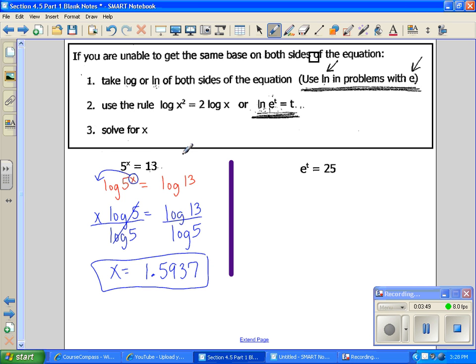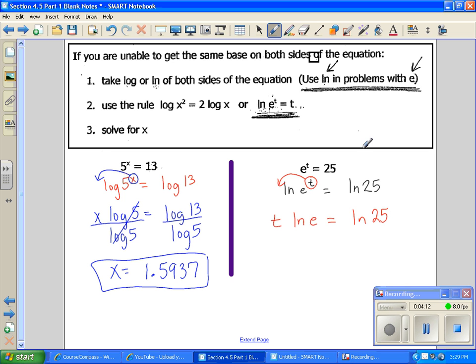Over here, I cannot get these to have the same base, and because this is an e, instead of taking the log of both sides, I'm going to take the natural log of both sides. Logs and natural log have the same properties, so I can take this exponent, and I get t times the natural log of e equals the natural log of 25.